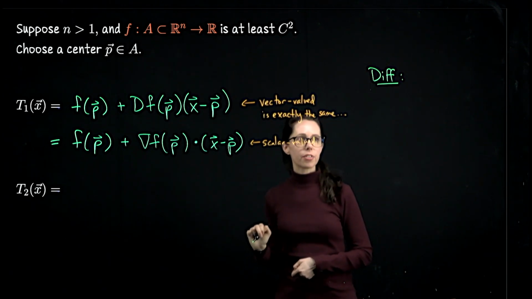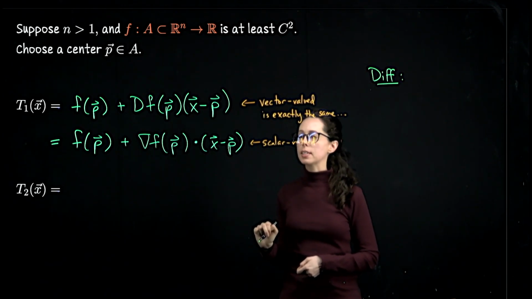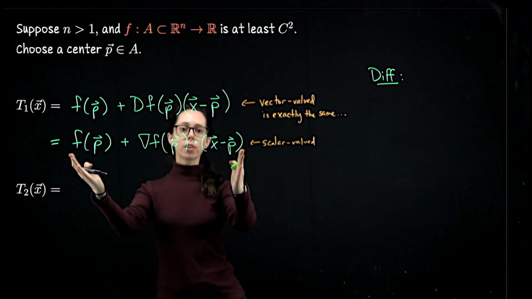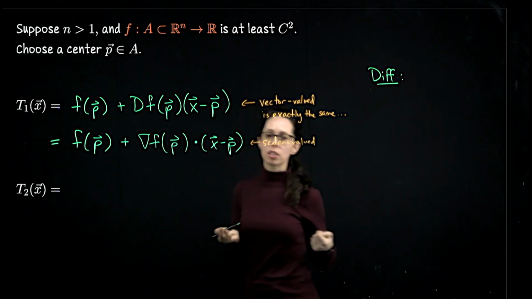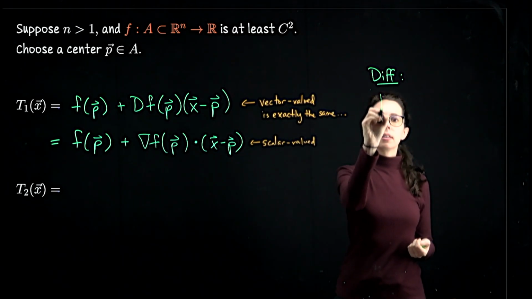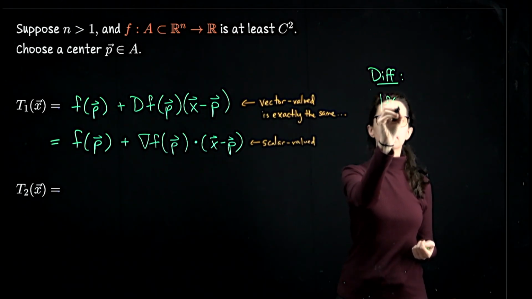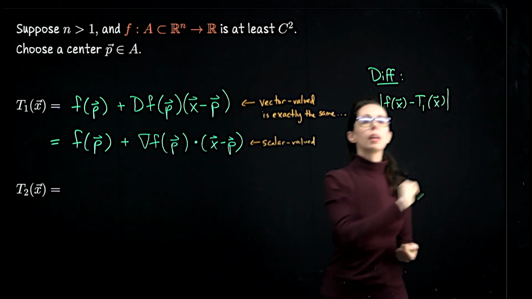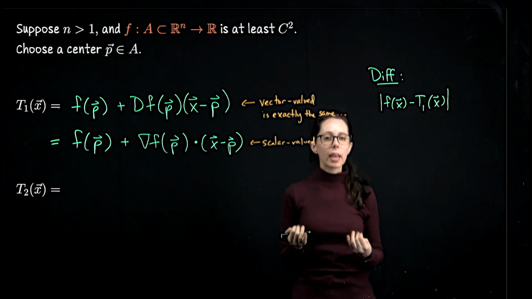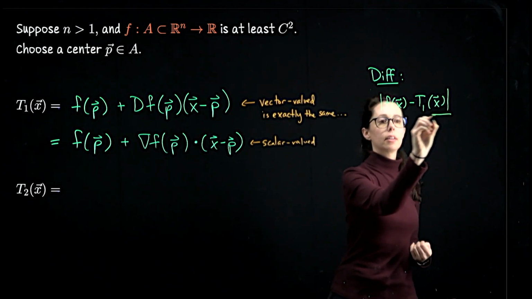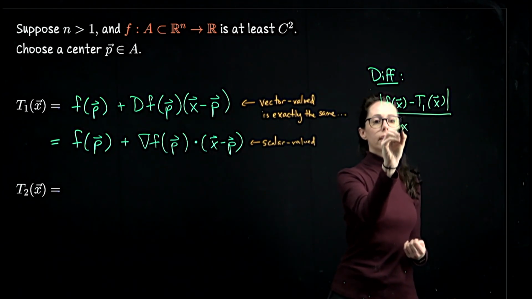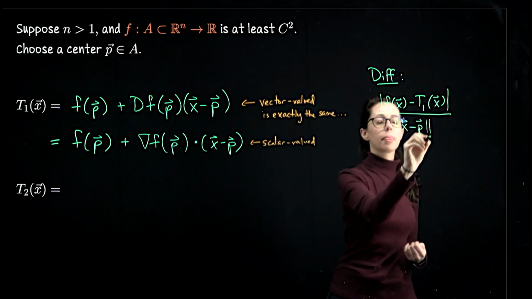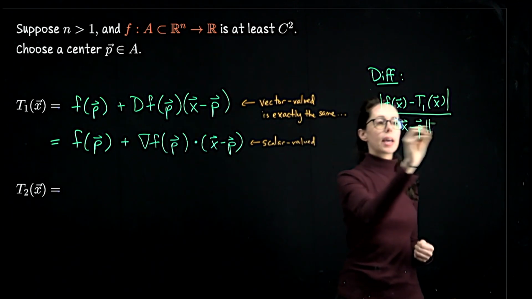We've been characterizing differentiability for functions as saying that the difference between f of x and this expression, its first order approximation, which we can now characterize as just T sub 1, this distance must shrink to 0, and shrink to 0 so fast that when I divide it by the vector norm of x minus p, the center p, this ratio goes to 0 as x goes to p.